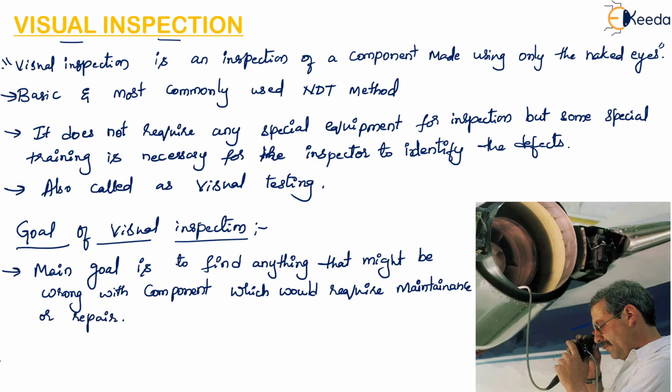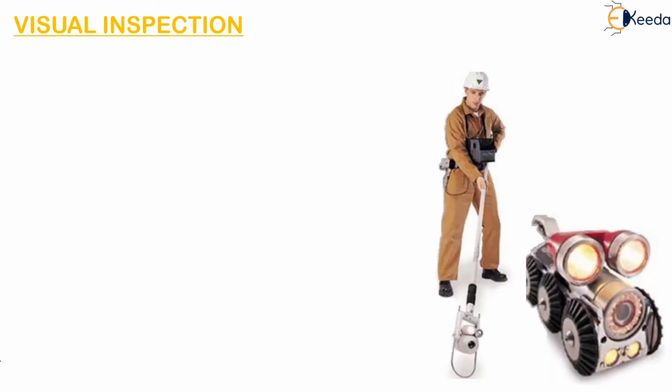For example, if an inspector is conducting visual inspection of the inside of an industrial boiler, what are the things he has to look for?